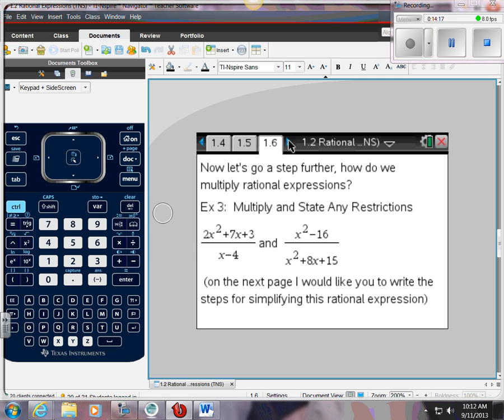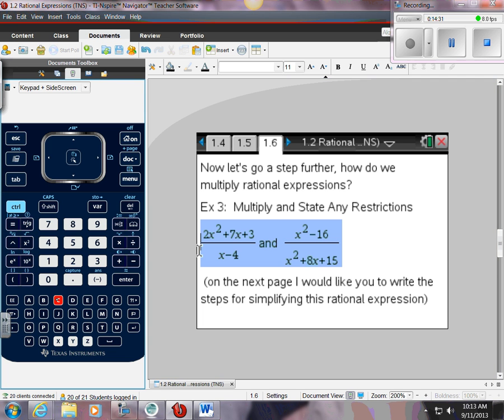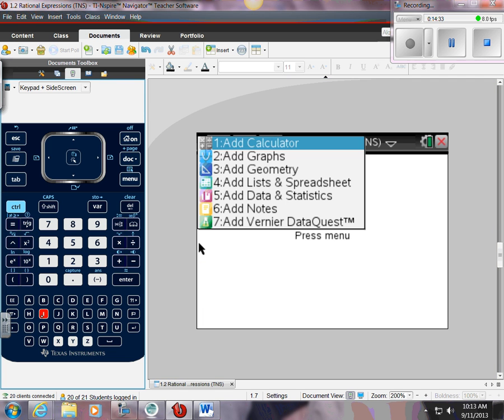All right, so let's give this a shot. I have 2x squared plus 7x plus 3 over x minus 4, times x squared minus 16 over x squared plus 8x plus 15. We are going to factor everything humanly possible, and then we are going to simplify.